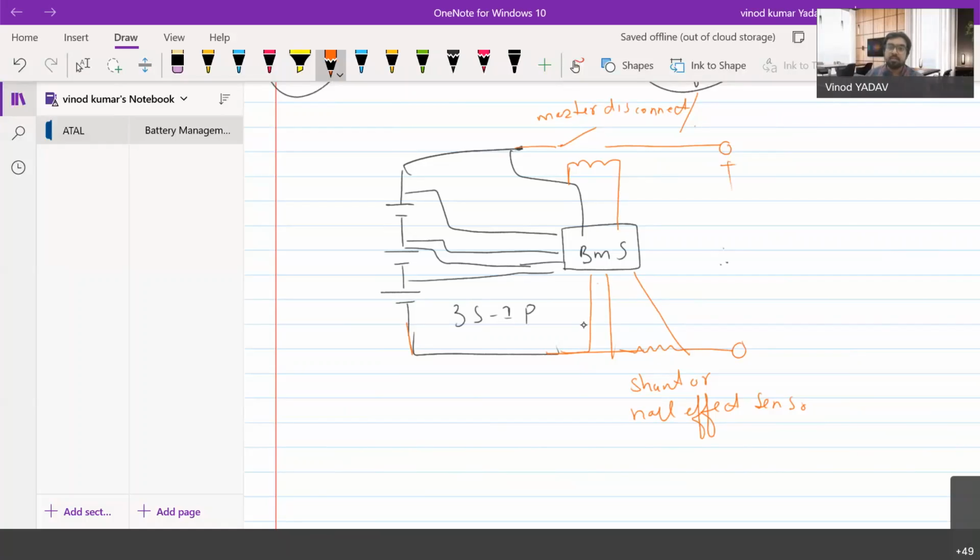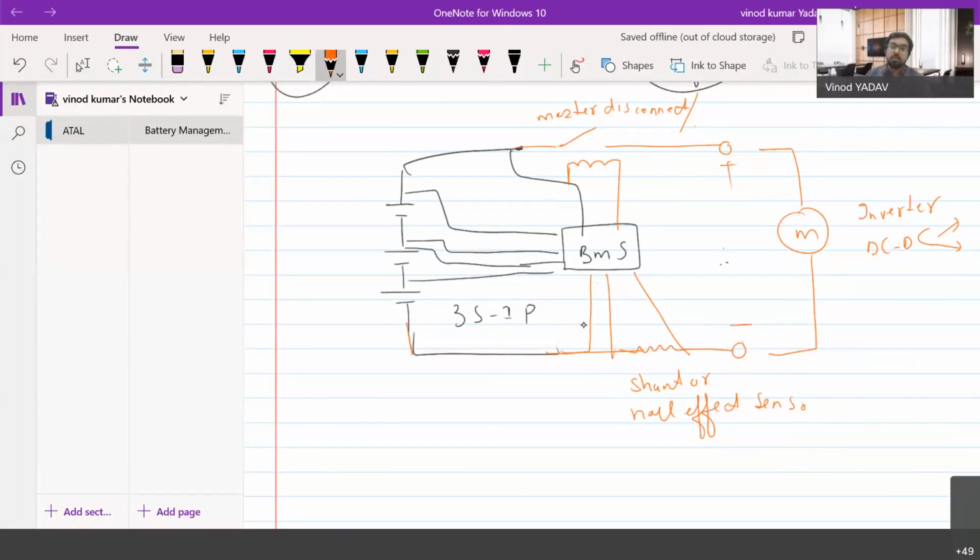And here we connect the external environment. It can be the motor controller for an electric vehicle. It can be solar power inverters. It can be a DC to DC converter, such as buck boost. Talking about isolated, it can be flyback, forward, half bridge, full bridge.